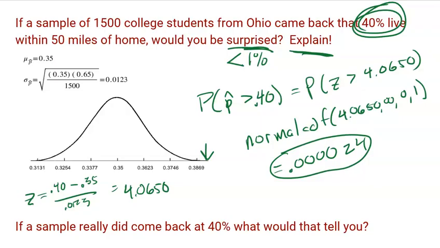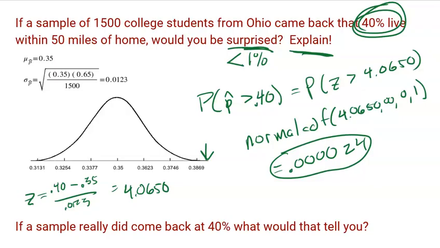So maybe I just had a sample from Pennsylvania, and for the United States it's 35%, but in Pennsylvania it's higher, showing Pennsylvania students love their parents more. I don't know. Another possibility is if my sample was not from Pennsylvania, it was just a random sample, then maybe this number, 35%, was true 10 years ago.